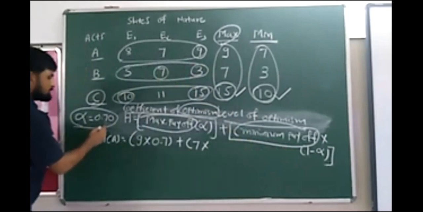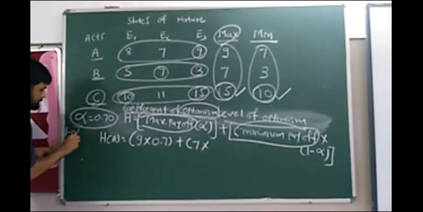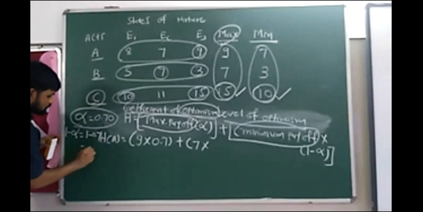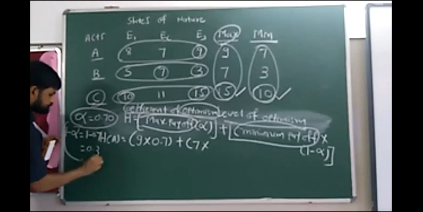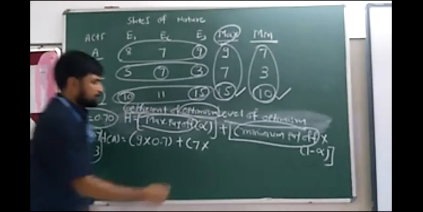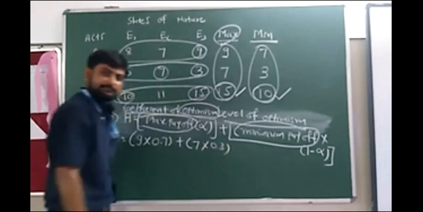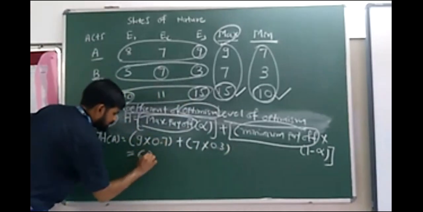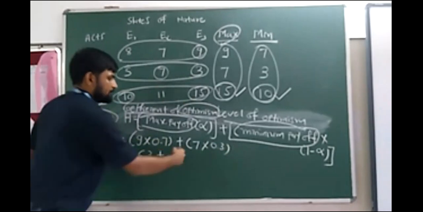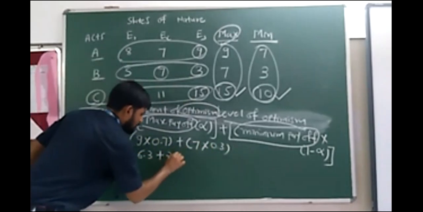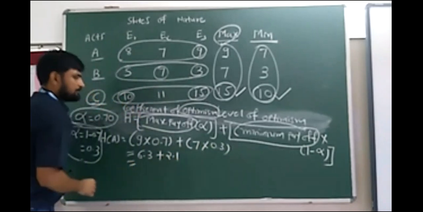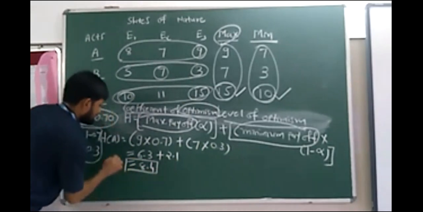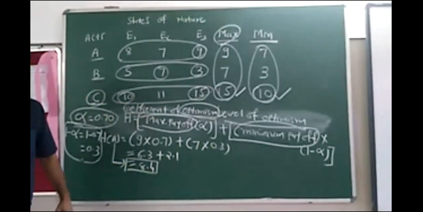Here alpha is 0.7, so 1 minus alpha equals 1 minus 0.7, that is 0.3. So we'll multiply this by 0.3. The multiplication of this is 6.3, plus the multiplication of this is 2.1, and finally you'll get the answer 8.4. This is the answer for act A.